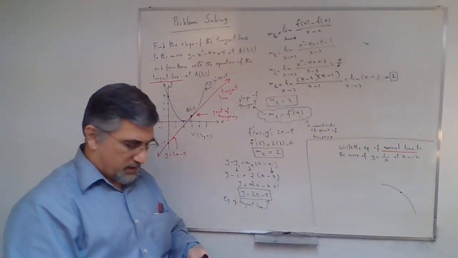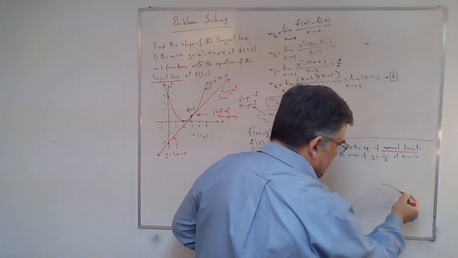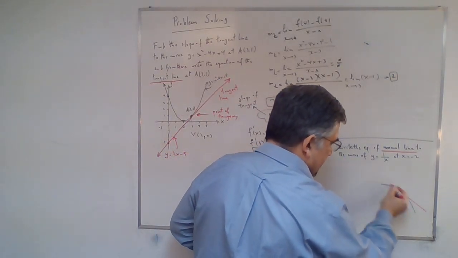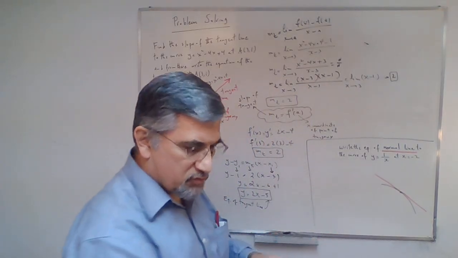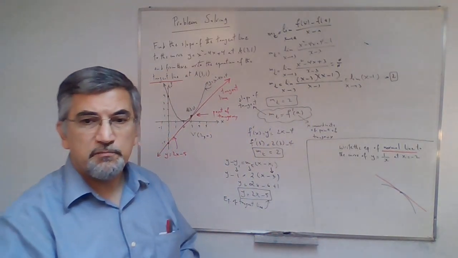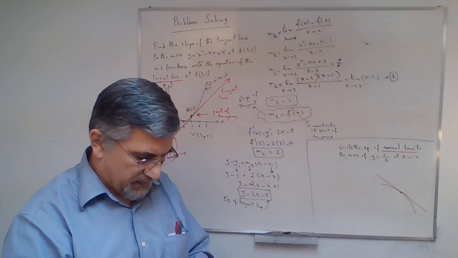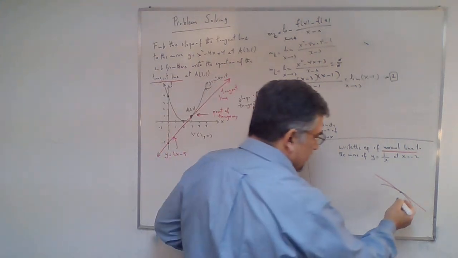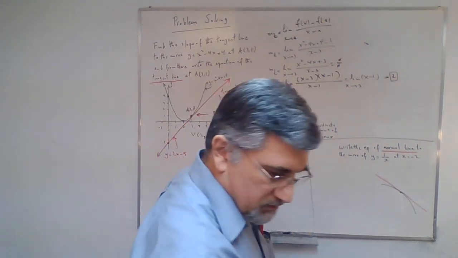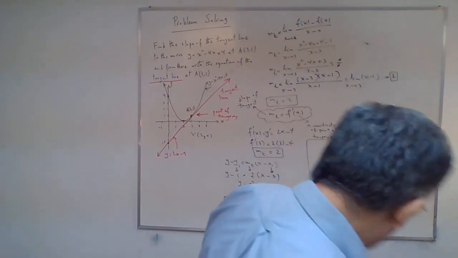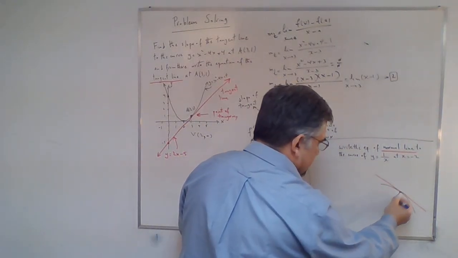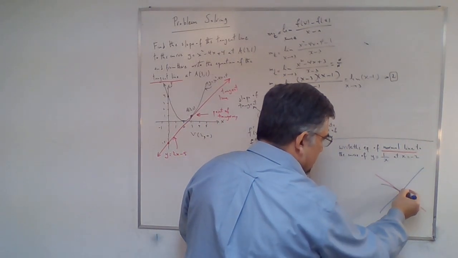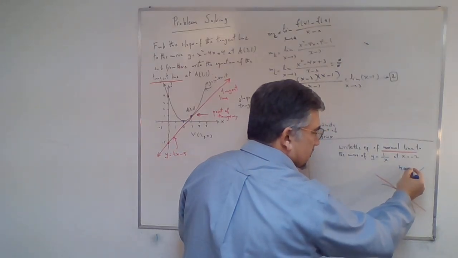Now, if this is the tangent line, you may say, okay, what is the normal line? The normal line is a line that is perpendicular to the tangent line, and it passes through the point of tangency again. So if you draw a line like this, let me use another color here, perhaps blue is good. This line is called the normal line.